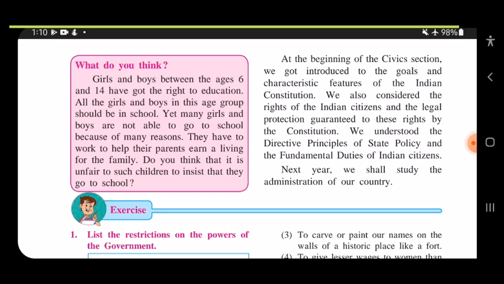Then we also saw some fundamental rights which we had and how we have to use our rights properly. And the legal protection guaranteed to these rights by the Constitution. We understood the directive principles of state policy and the fundamental duties of Indian citizens. So we also learned about our duties in this chapter, right? What all our duties are.